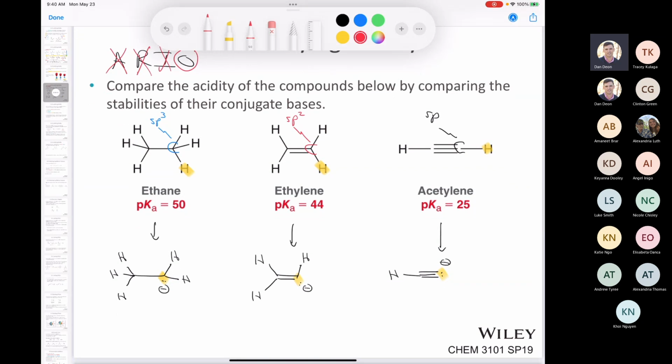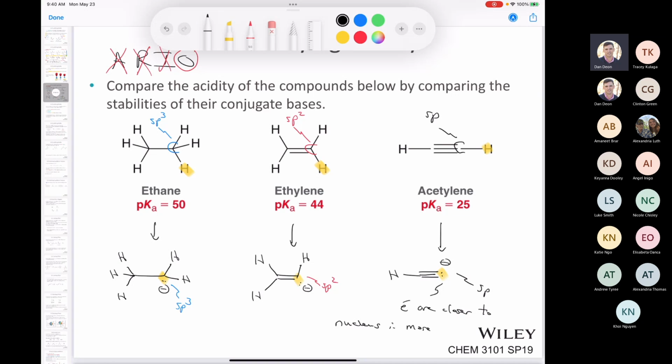Again, what's the difference? Here, the negative charge is in an sp3 hybridized orbital. Here, it's in an sp2. And here, it's in an sp. Since an sp is smaller and it's a shorter bond, that means that these electrons are closer to the nucleus.